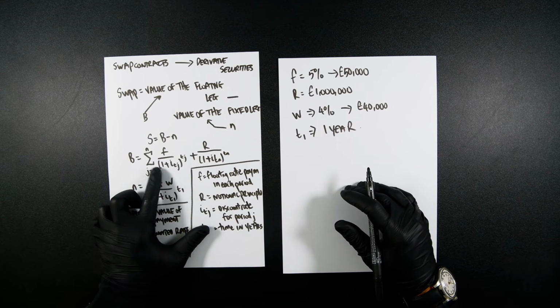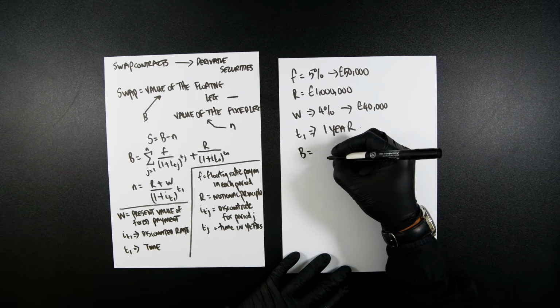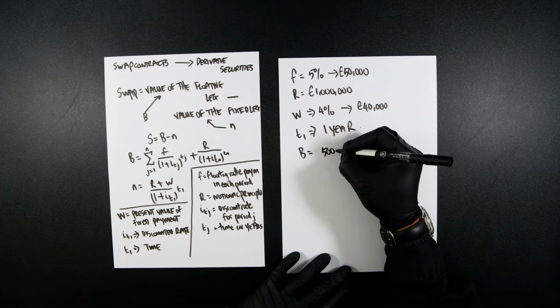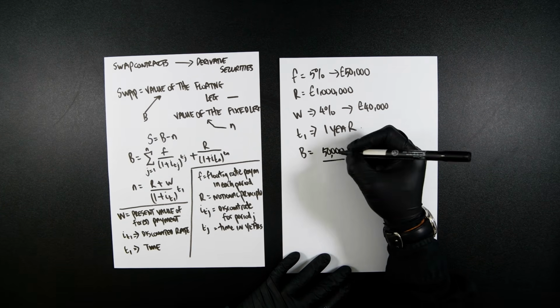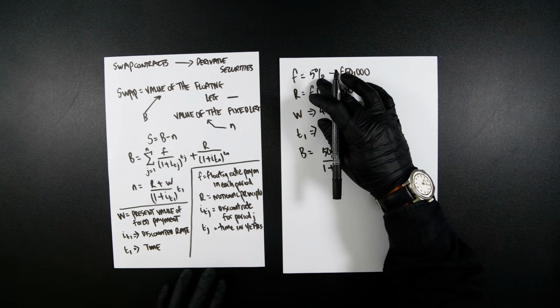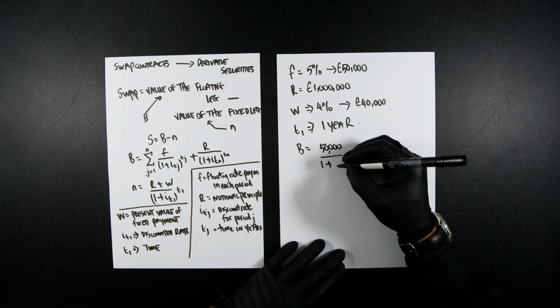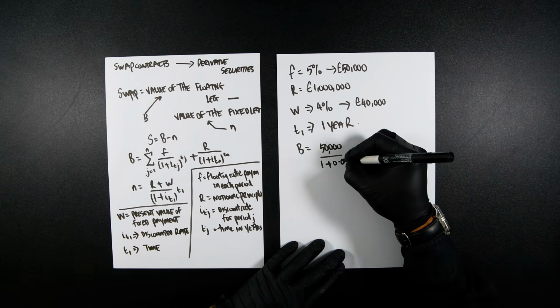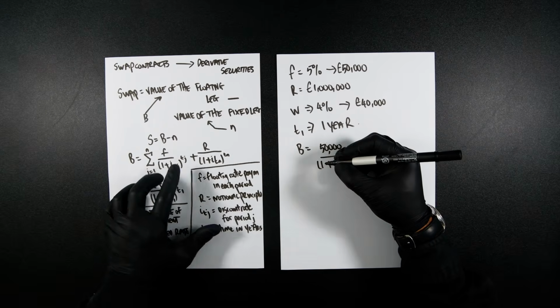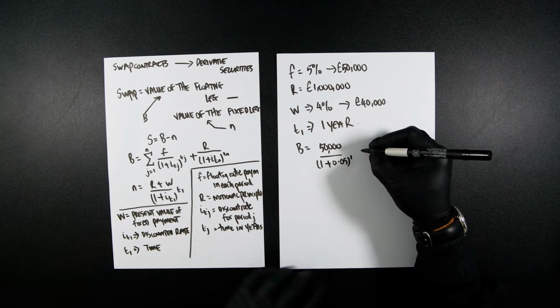So let's first do B. So the B part is going to be the F, which is 50,000, over 1 plus, we now convert this into a decimal, which is 0.05, all to the power of Tj, which we've put time in years as 1, so it'll go there.